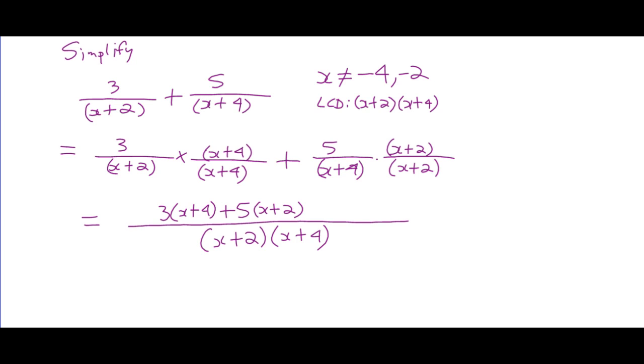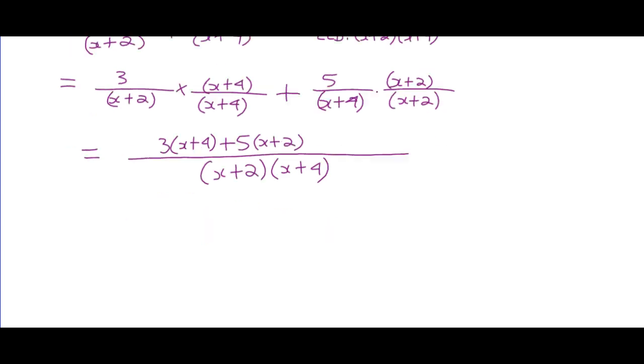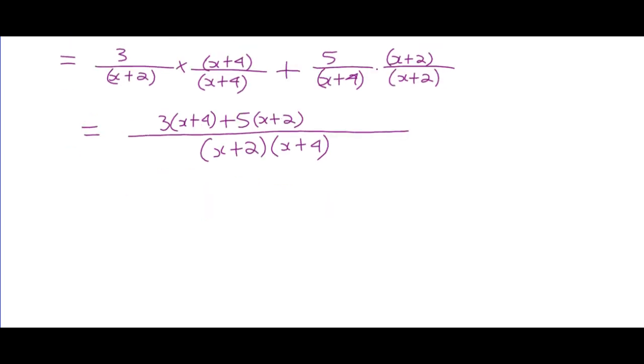Now we have to expand and simplify the numerator, okay? Because we have to get that collected down into whatever terms it's going to be. So we go through, we get 3x plus 12 plus 5x plus 10 over x plus 2, x plus 4.